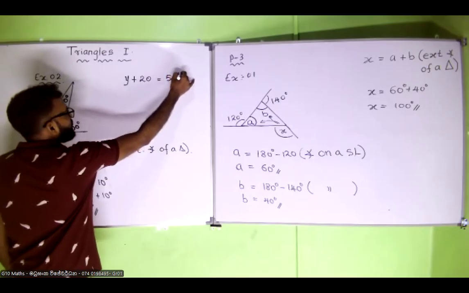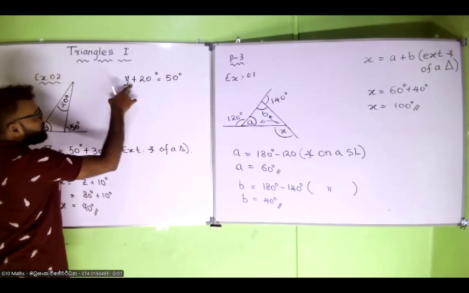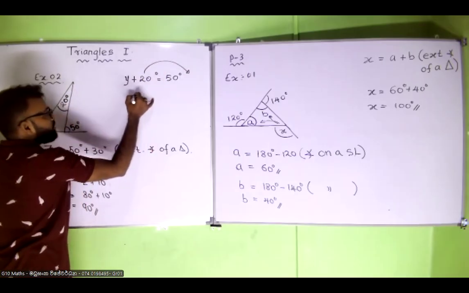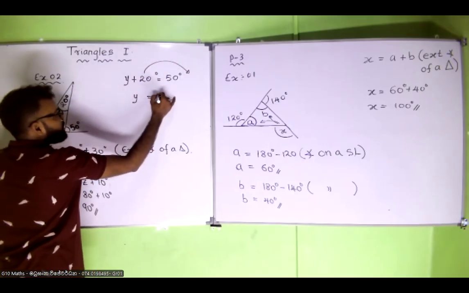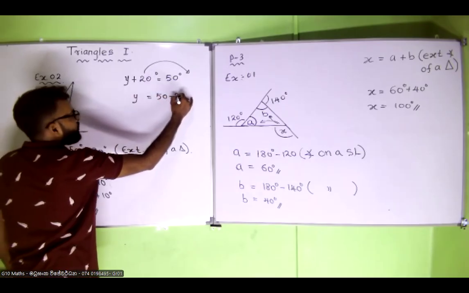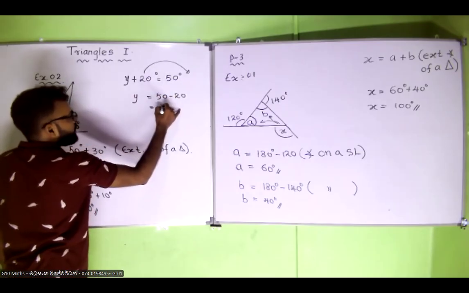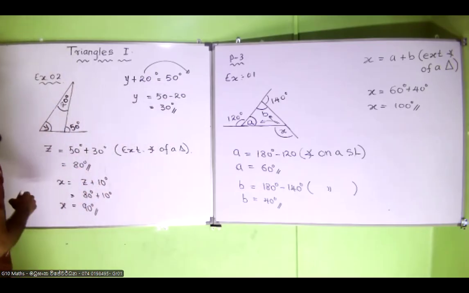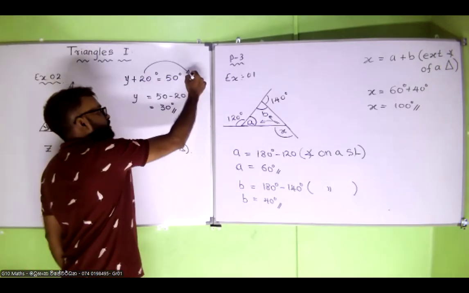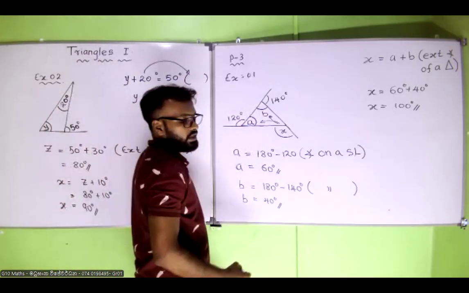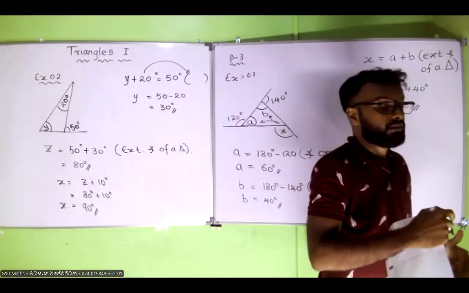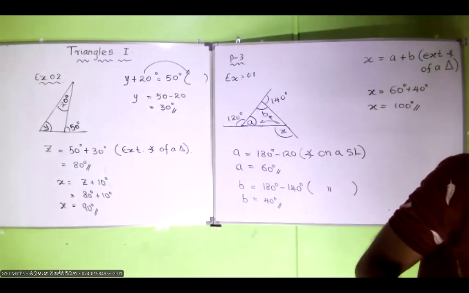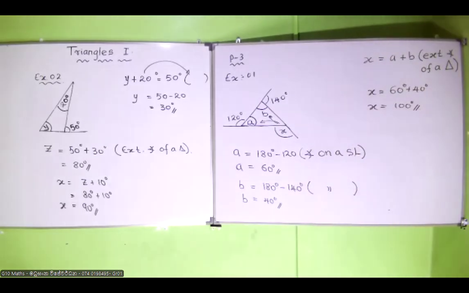Now I need to find the value of y. This is positive 20. If I take this value to the other side, y equals 50 minus 20. So it will give you 30. So this is how we are going to find it. The reason is the same: exterior angle of a triangle. Okay guys, now it is 7:45.